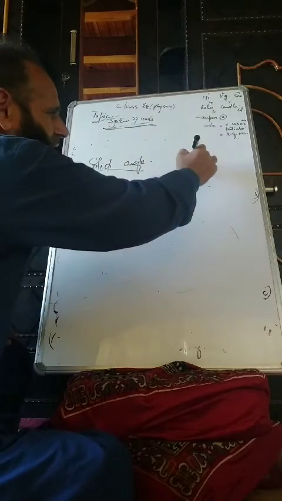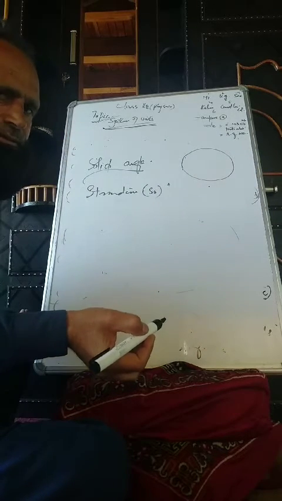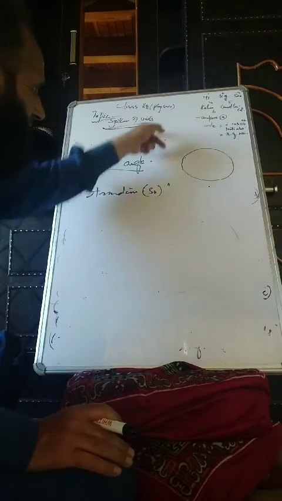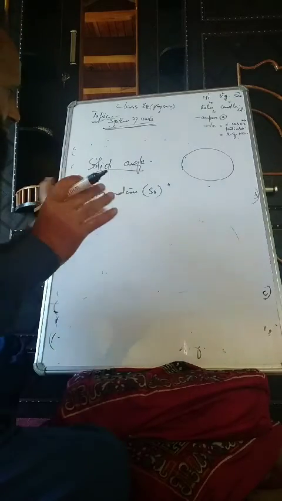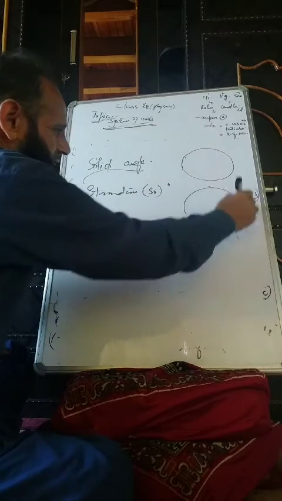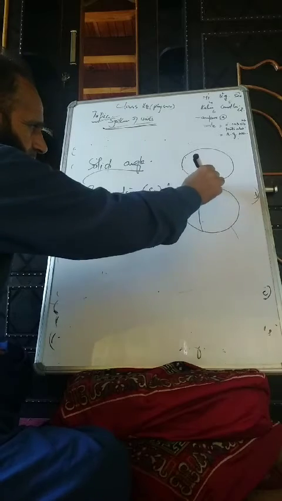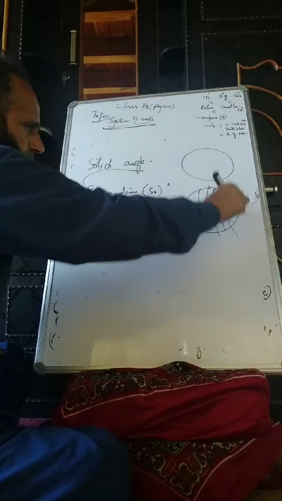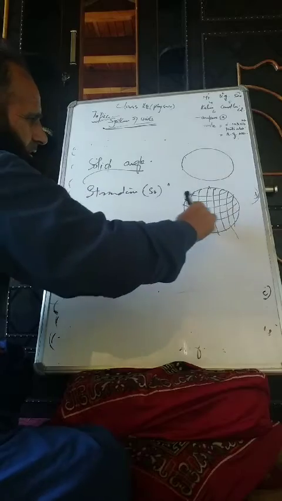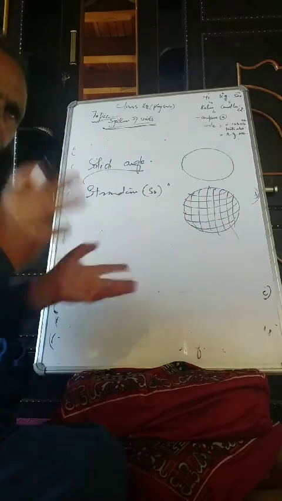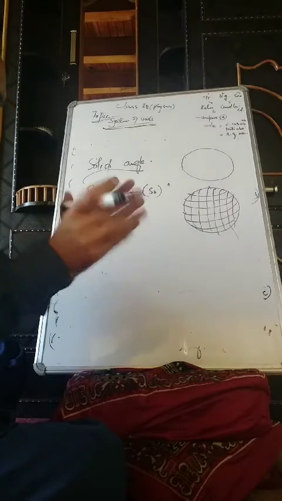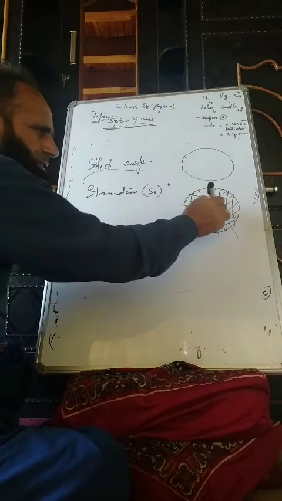A plane figure, like a circle or triangle, is formed in 2 dimensions, on the x-axis and y-axis. But a solid figure is like a sphere, like a ball, football, or cricket ball, which is 3-dimensional. It also has a center.